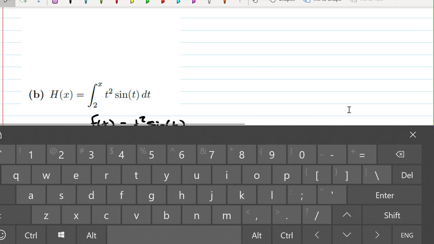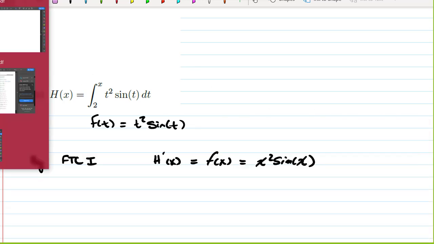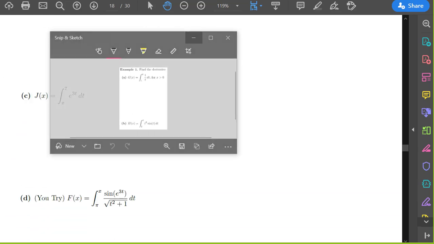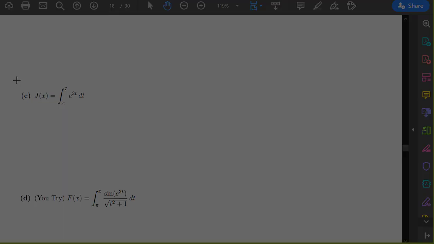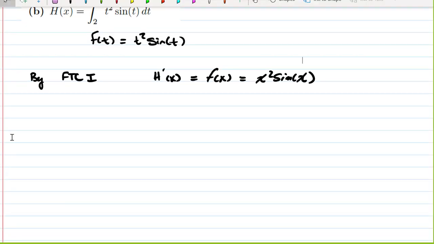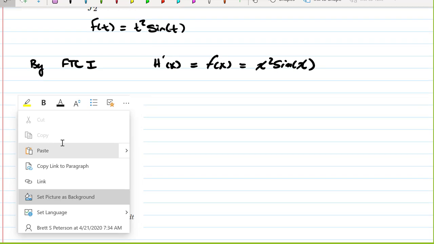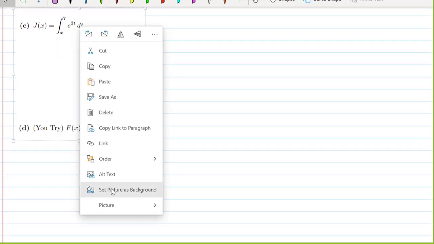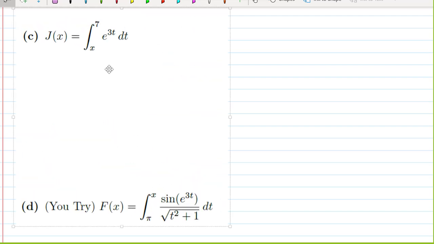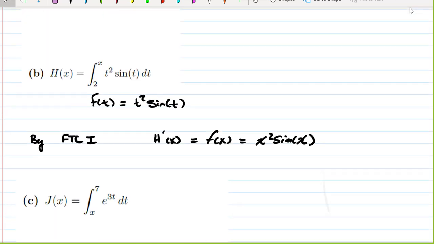All right, let's take a look at our next example. So we want to go ahead and try this one, but let's do a little comparing and contrasting.